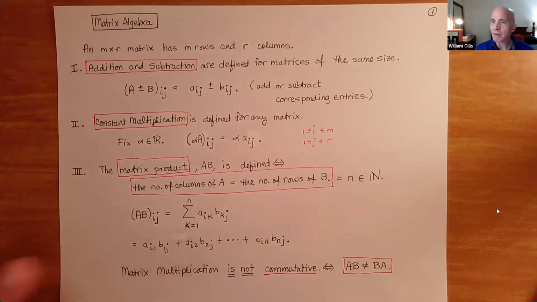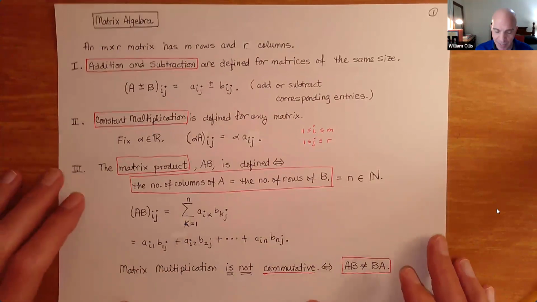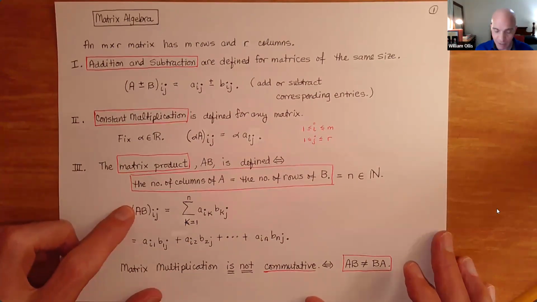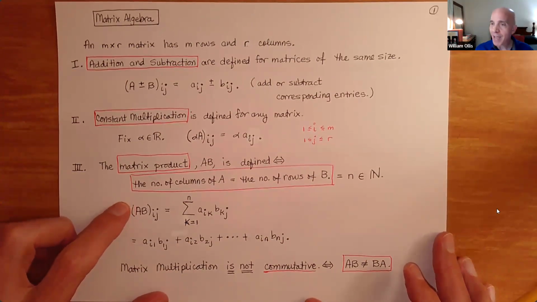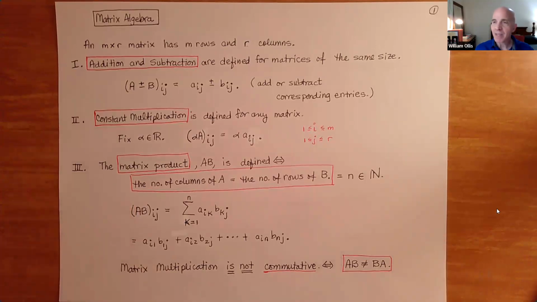There are so many wonderful things that you can do theoretically and mechanically with matrices. And the matrix product is a very good example of how you can elucidate many operations in linear algebra.